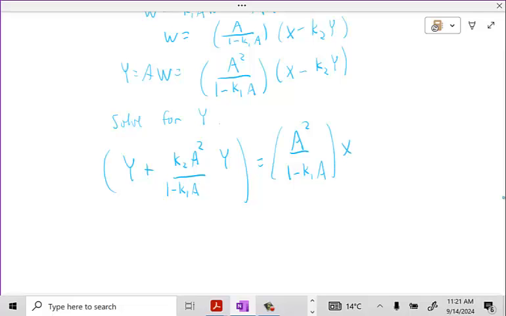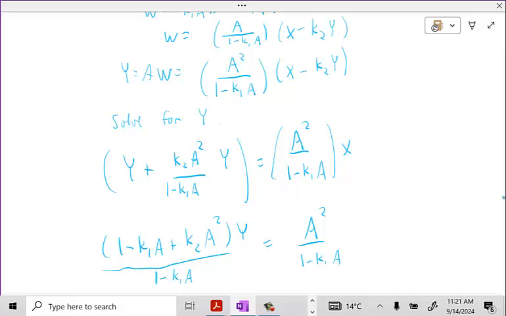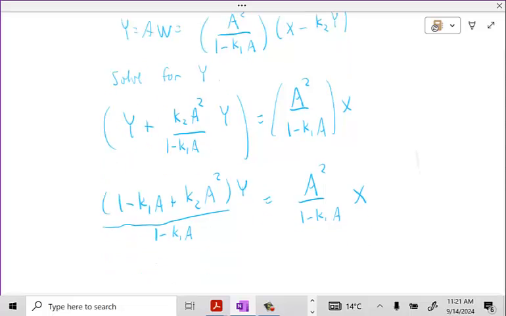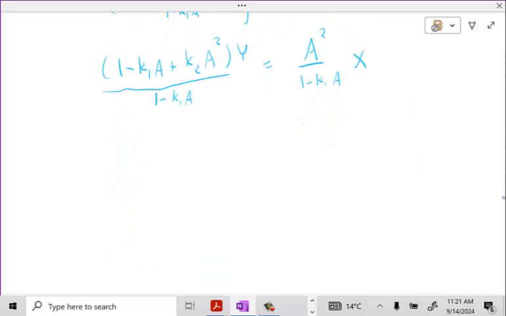So I certainly want to combine this all together. If I put this over a common denominator, I'm going to get 1 minus K1A plus K2A squared, times Y over 1 minus K1A, equals A squared over 1 minus K1A X. And I don't need to worry about dividing by 0 here.